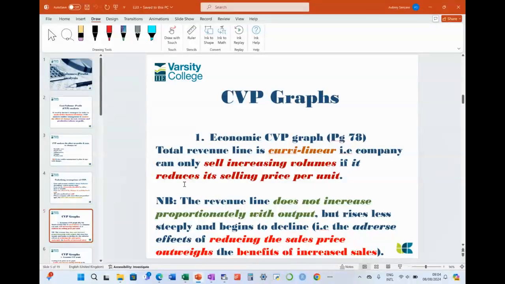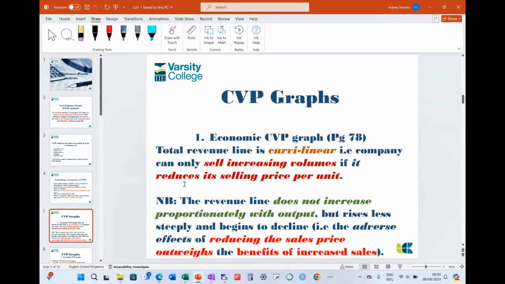So looking at this one, here on the slides it says the total revenue line is curvilinear. Therefore, the company can only sell increasing volumes if it reduces its selling price per unit. The revenue line does not increase proportionally with output.